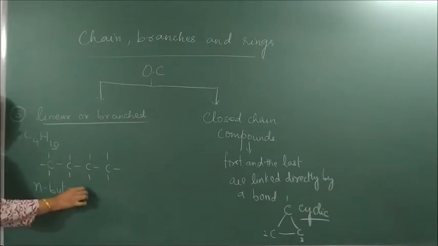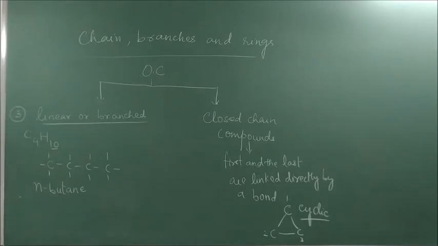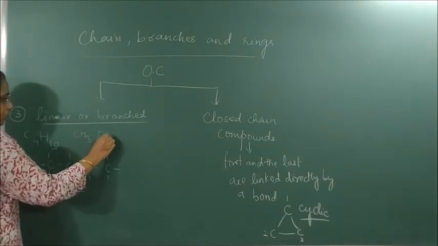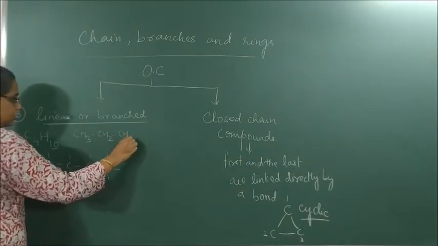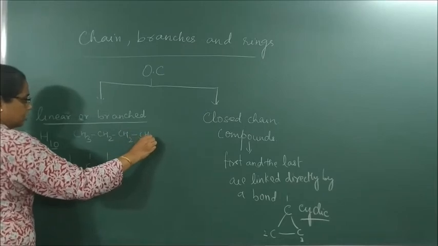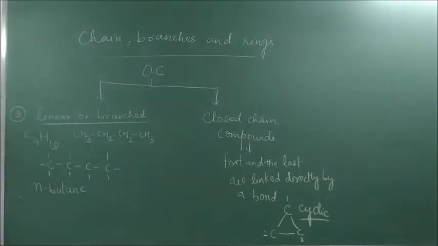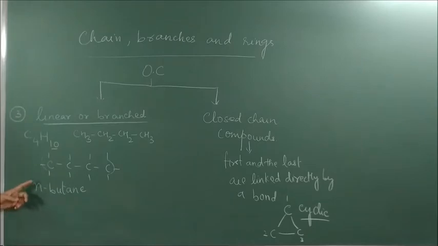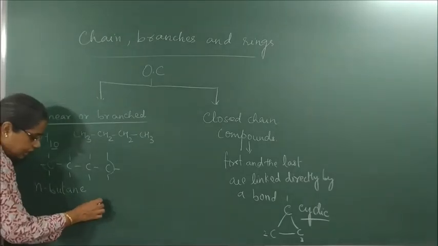How can I write this same thing? I can write it as CH3, CH2, CH2, CH3. So this is n-butane. How is it? Linear.